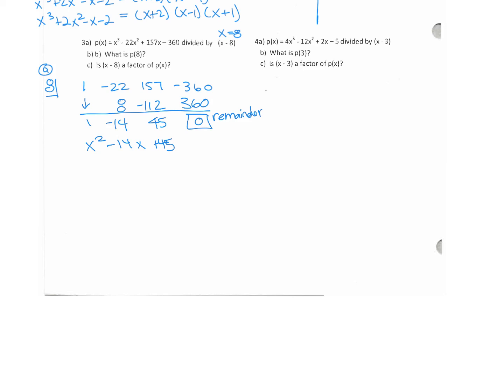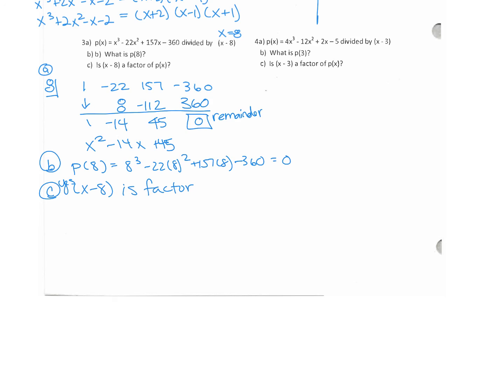And then for B, it asks me what P of 8 is. So if I took the time to substitute 8 into here and do all of my math, I know that I would get a 0 for my answer. That's my remainder theorem. And then it says, is x minus 8 a factor? So yes, x minus 8 is a factor.